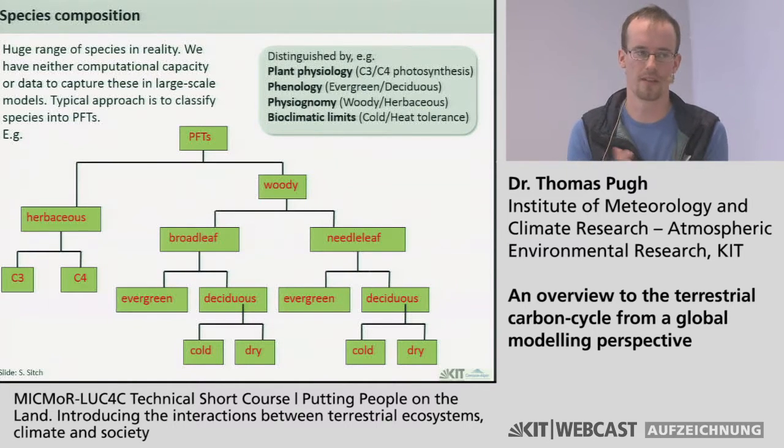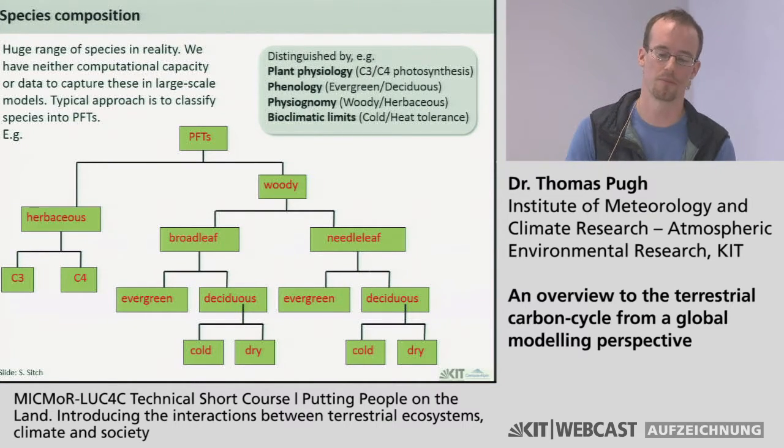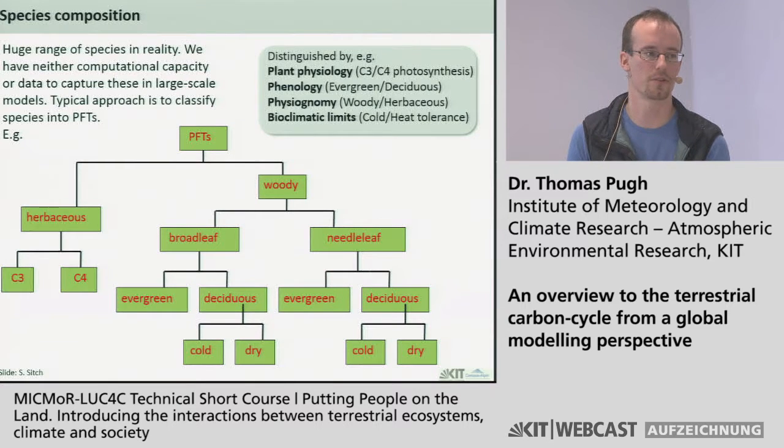So we break these down into groups that we call plant functional types, and we differentiate these by different traits. So by the type of photosynthesis, by whether it's evergreen or deciduous, whether it's woody or a herbaceous plant, or the bioclimatic limits are typical, but there's all sorts of different ways we can do it. And typically in global models we have maybe 5 to 15 different classes of plant functional types, which try to capture all the variation in global vegetation.